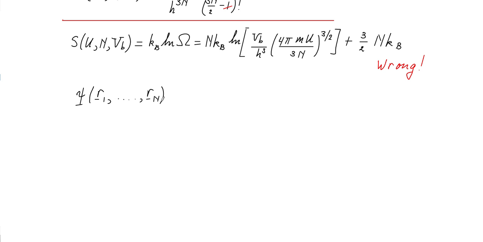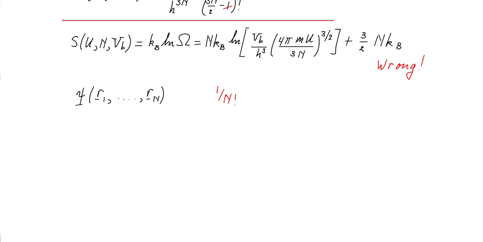Now in quantum mechanics, if we would swap particle 1 and 2, or particle i and j in general, then we have exactly the same state. All the permutations of these labels r1 to rn give us the same state. That's a postulate of quantum mechanics. And because we have n factorial permutations of the particles, we need to include an extra factor of 1 over n factorial into the multiplicity.